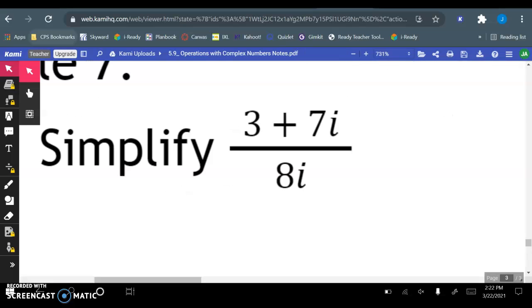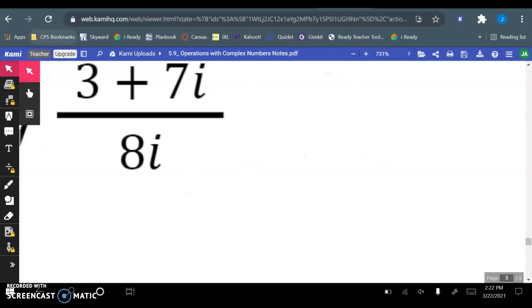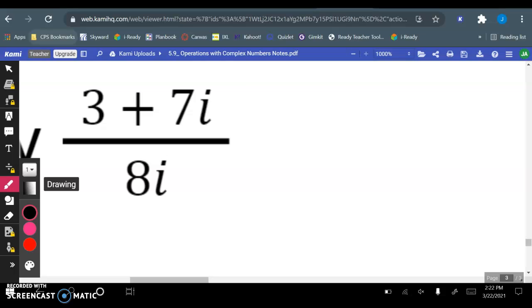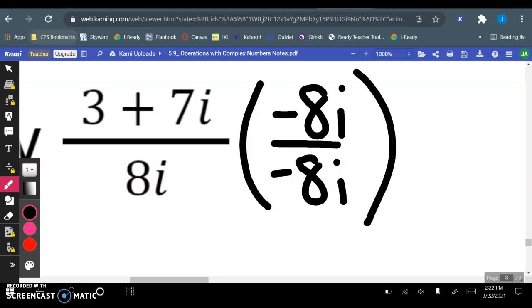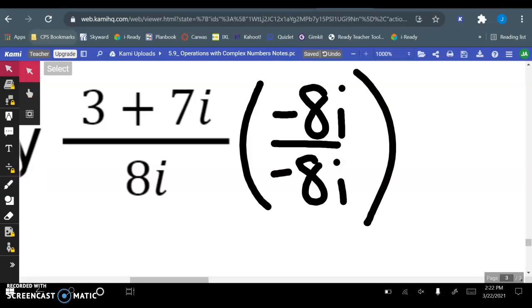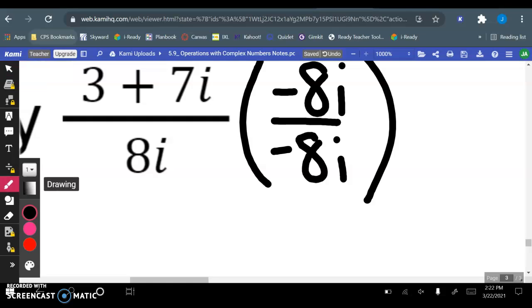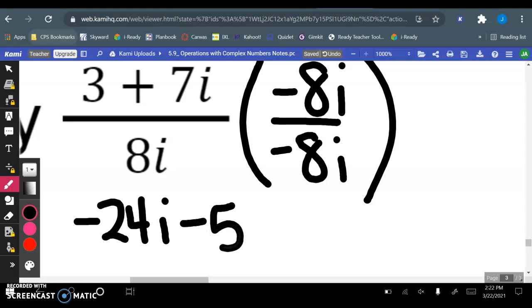All right. So we're going to multiply by the conjugate here. So the bottom is 8i, so the opposite is negative 8i. And negative 8i times 3 is going to give us negative 24i. And negative 8i times 7i is going to give us negative 56i squared.